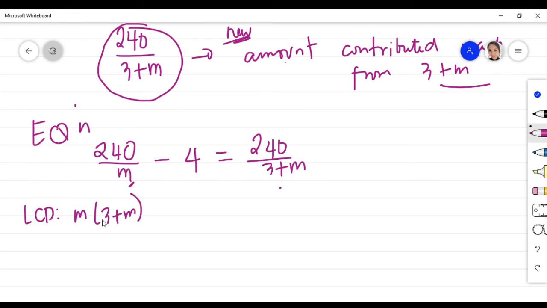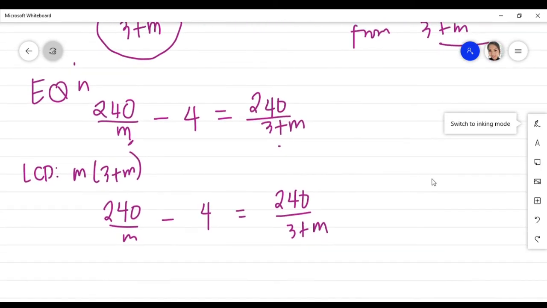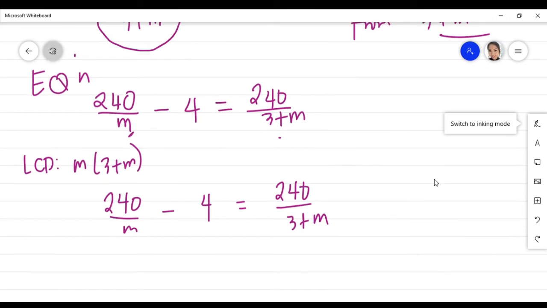We will multiply this to each of the terms here. Or we could also do cross multiplication. It's up to you. So let's solve it in two ways, cross multiplication or using the LCD, and let's find out which one is easier.